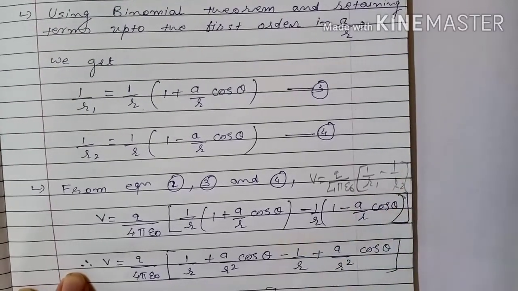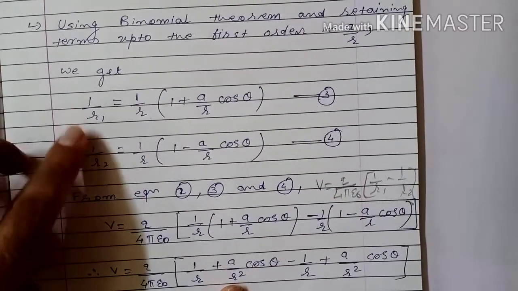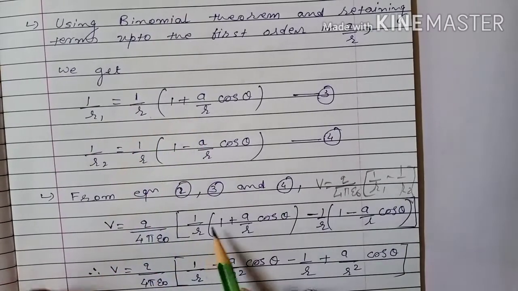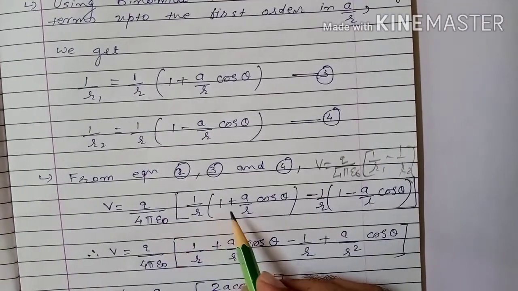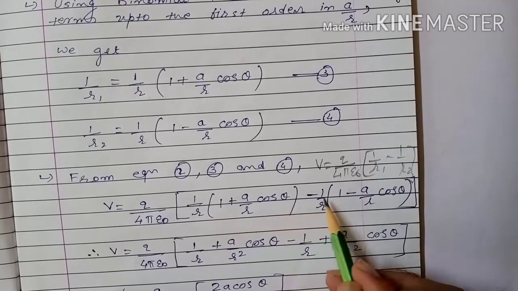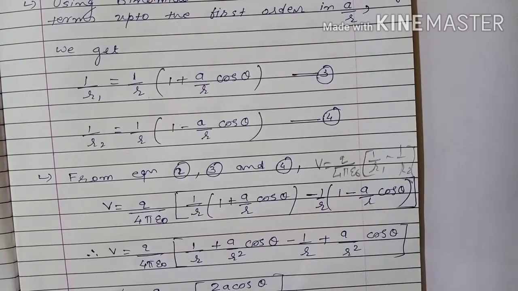Here we have to substitute the values of r1 and r2 only. So substituting, it can be written as Q upon 4 pi epsilon naught, 1 upon r (1 plus a by r cos theta) minus 1 by r (1 minus a by r cos theta).